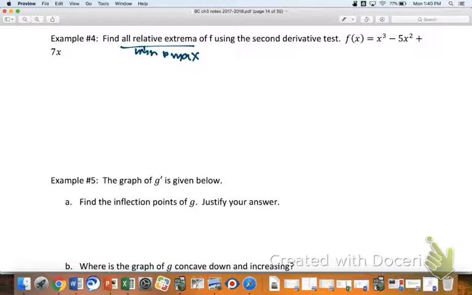It's tempting to say critical points and endpoints, but it's just critical points, because there are no endpoints, really. If they wanted you to include the endpoints, they'd probably give you some, and they would not ask for relative. They would ask for global or absolute, right? So they're asking for relative, and our only candidates are going to be critical points, critical numbers, and that's it. We don't have to worry about any endpoints at all.